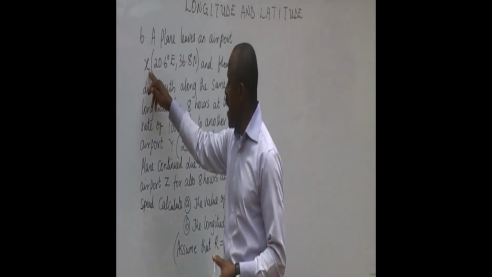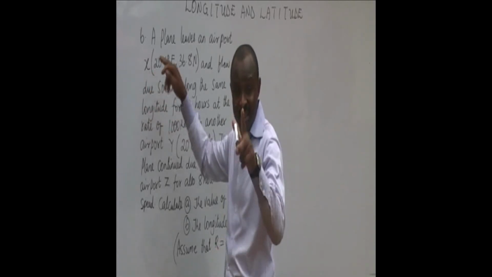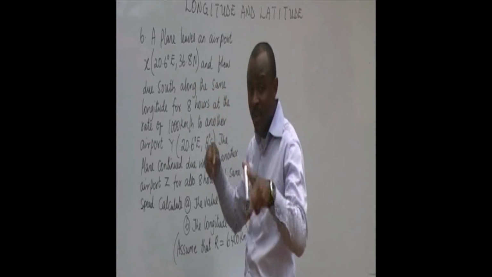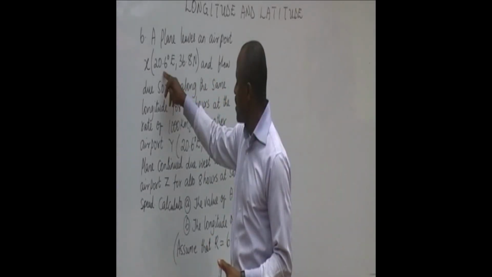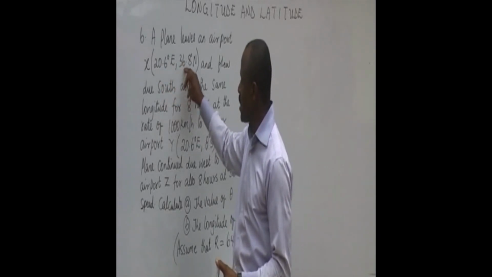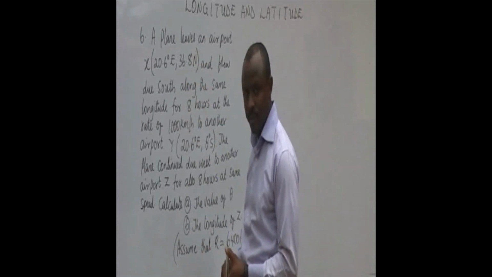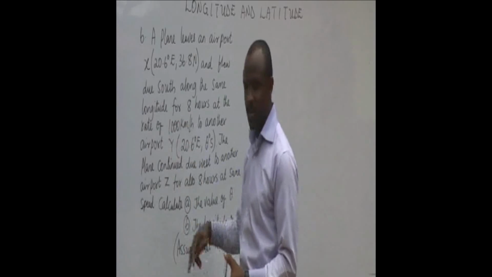The airport name is X. The position of that X is 20.6 degrees east, 36.8 degrees north, and flew due south.